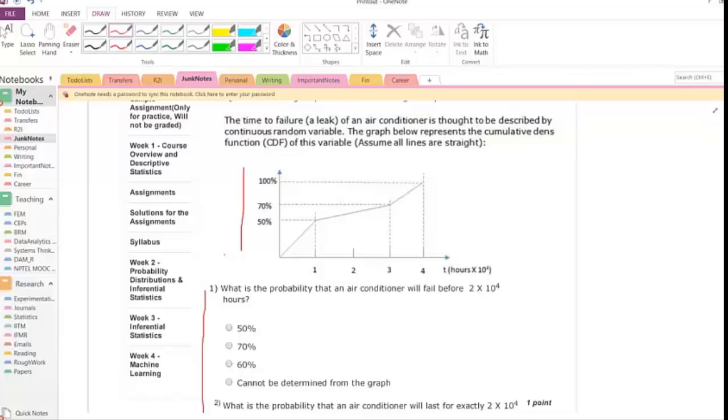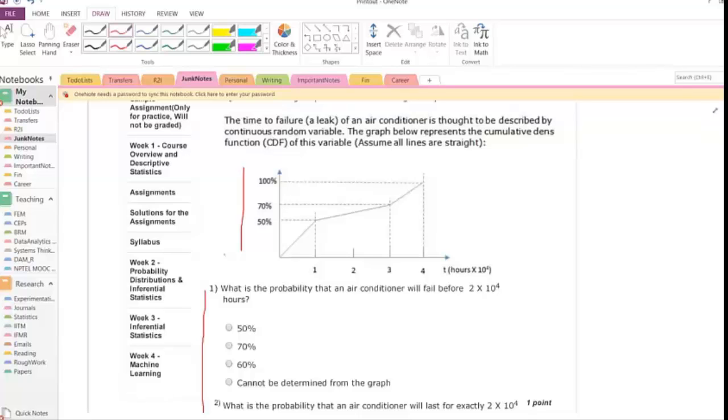So if someone asks the probability that something will fail before a particular point in time, in the PDF you would be interested in the probability from the lower limit, which could be 0, all the way to the point in question. If someone asks what is the probability that the air conditioner will fail before 3 hours, in the PDF you would be interested in the area under the curve from 0 to 3 hours.